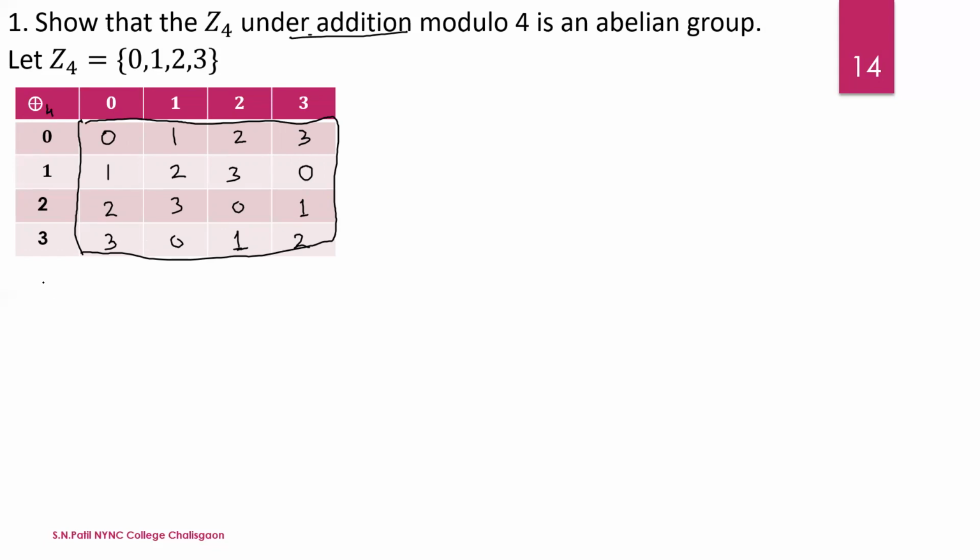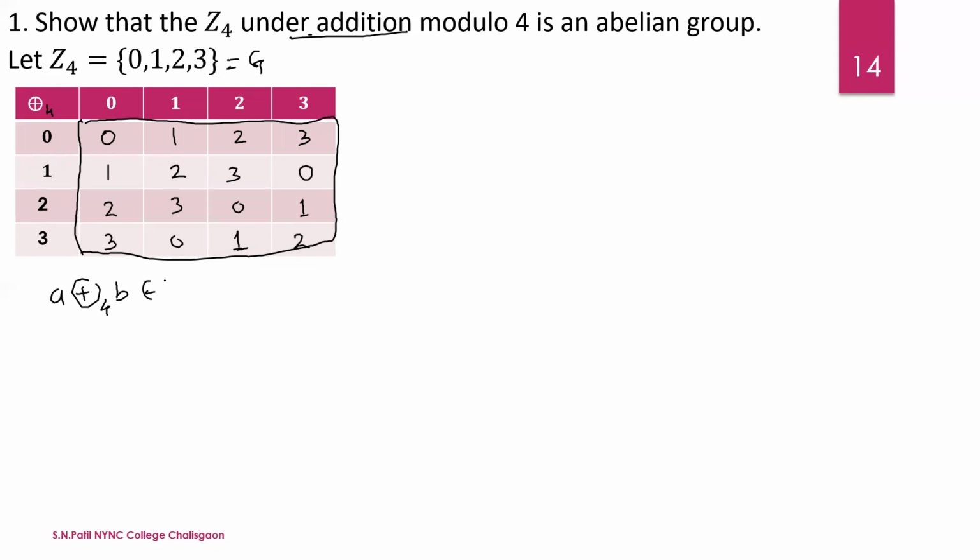Okay, that is, instead of 0, 1, 2, 3, we take the elements A, B. Okay, that is A plus B belongs to Z4. So here for Z4 we write G also.